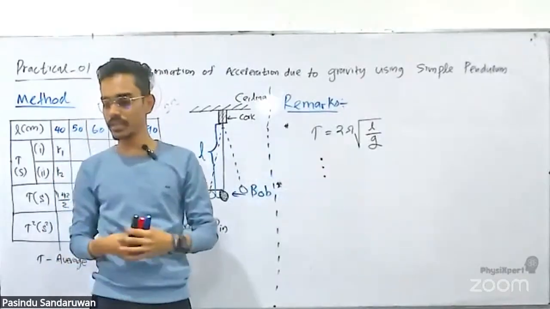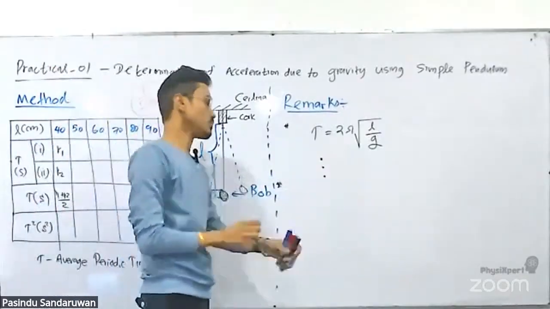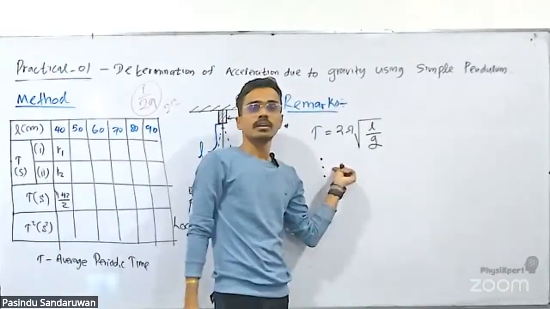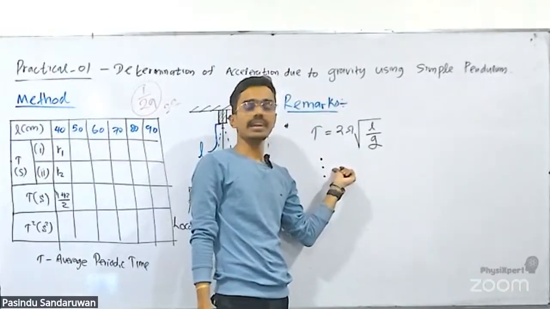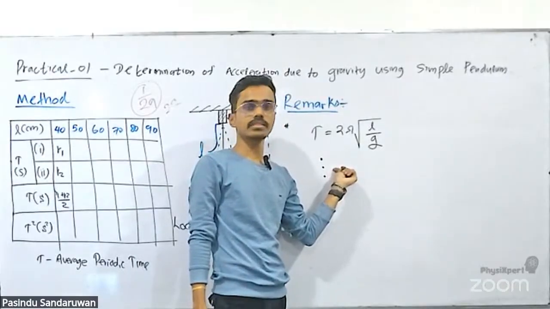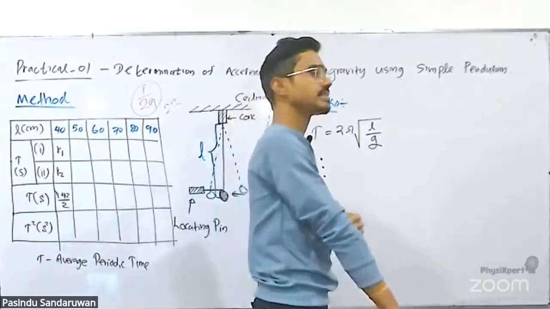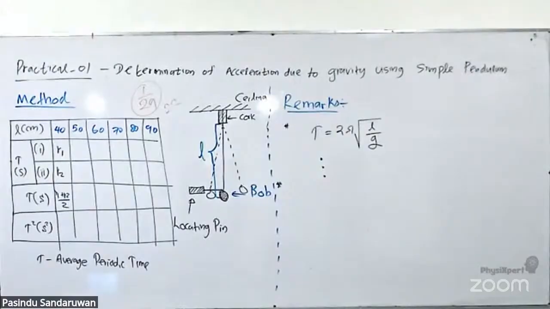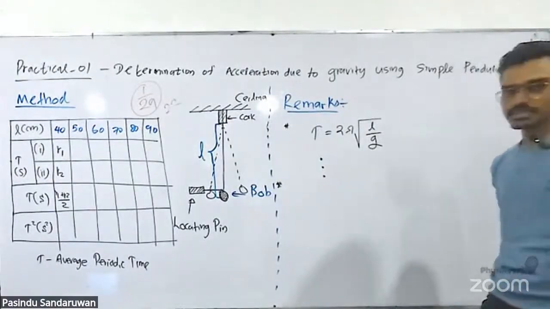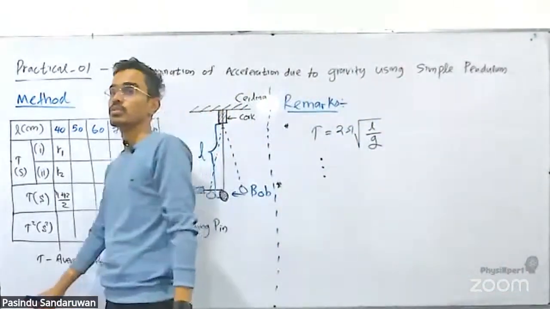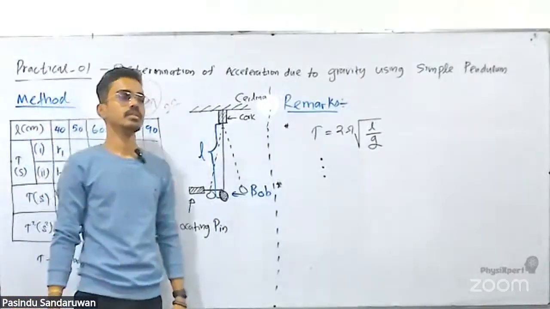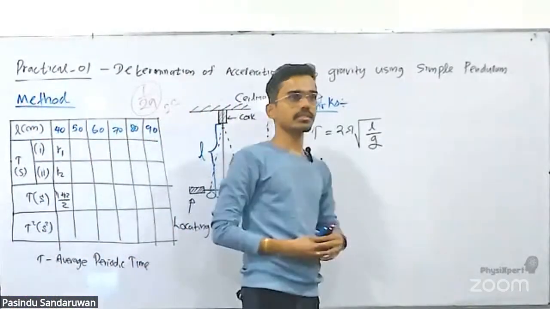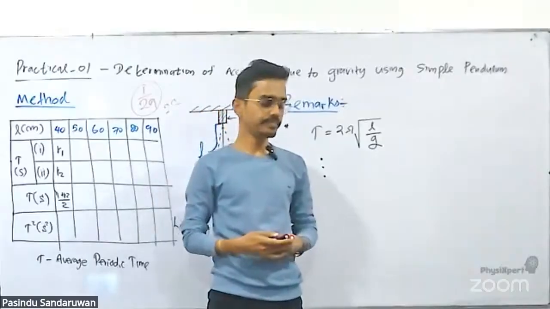Second bullet point: air resistance on the bob should be negligible.